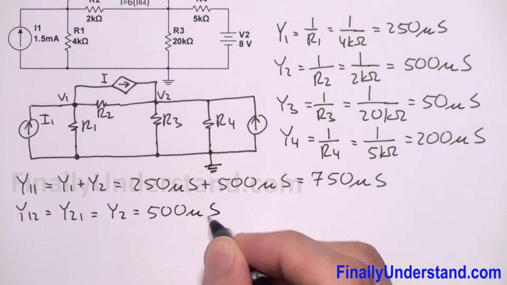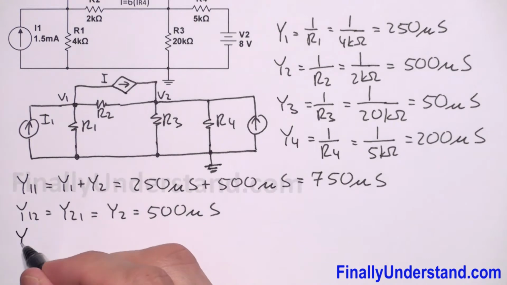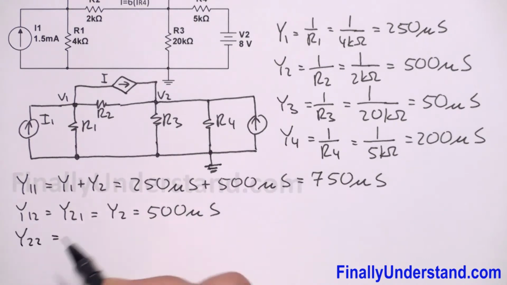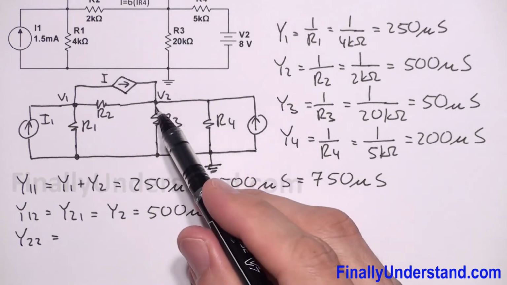Okay. Next, I'm supposed to find Y22. Y22 is the sum of admittances connected to node 2.